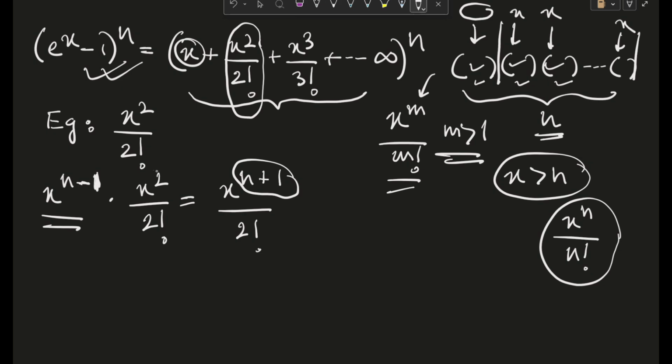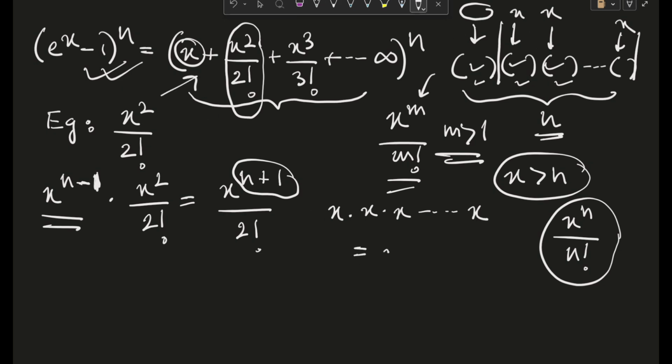So if we take even one term from any one of these n brackets, the bare minimum case, you can see that the power is getting greater than n. It is becoming n plus 1. So there is no other option than to take x from all the n brackets. From all the n brackets we have to take x from this expansion.